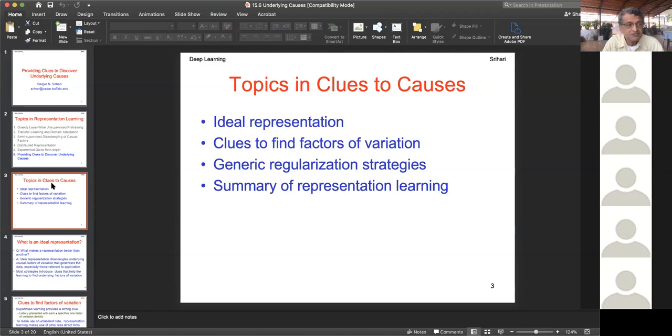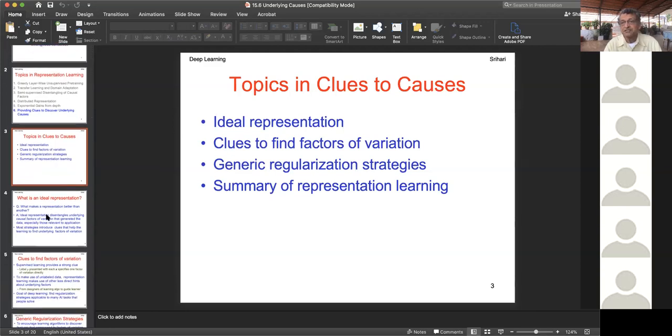There are several methods for regularization. Just like that, in the process of learning proper representations, we can also have some influences. Just like in the other area, regularization means giving some prior knowledge. Same kind of thing applies here also. And then we conclude by saying, what's the summary of representation learning?